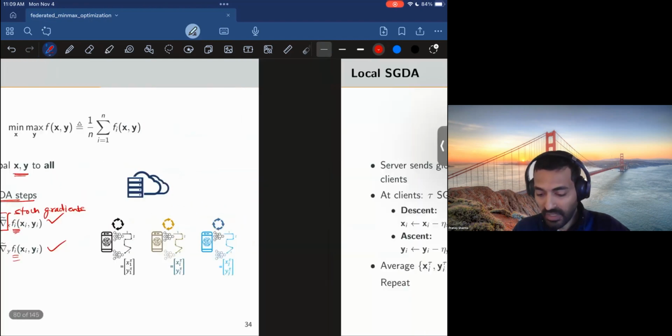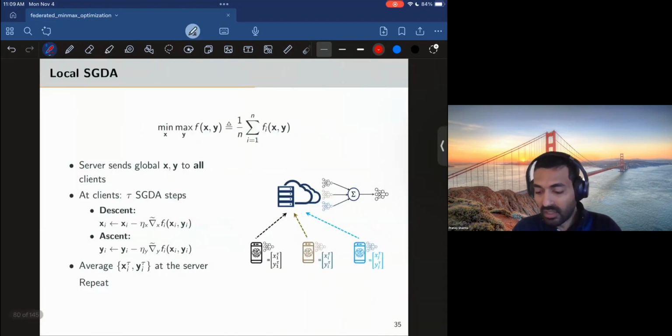Once these steps are done, each client, whatever its local x's and y's be, so here x_1^tau, where 1 denotes the client and tau denotes the number of local steps, sends its locally updated x's and y's back to the server, and the server simply updates them.